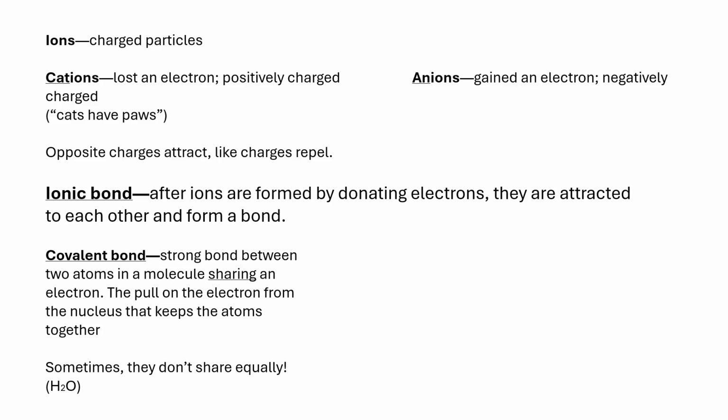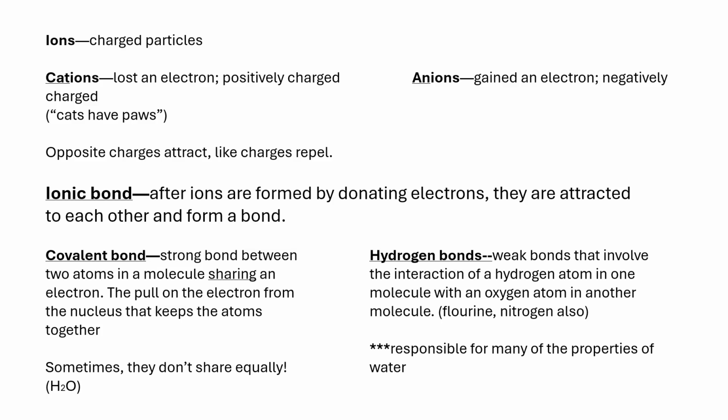This creates a weak pull between the oxygen atom of one water molecule and the hydrogen atom of another. This weak pull creates a bond between these atoms, and we call this type of bond a hydrogen bond.